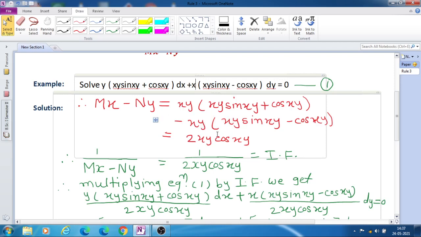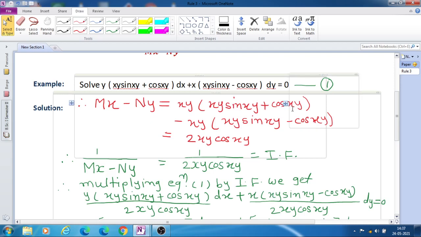Solving these two, we can see that the same term xy into xy sin xy, here also minus xy into xy sin xy, these plus and minus terms will cancel.